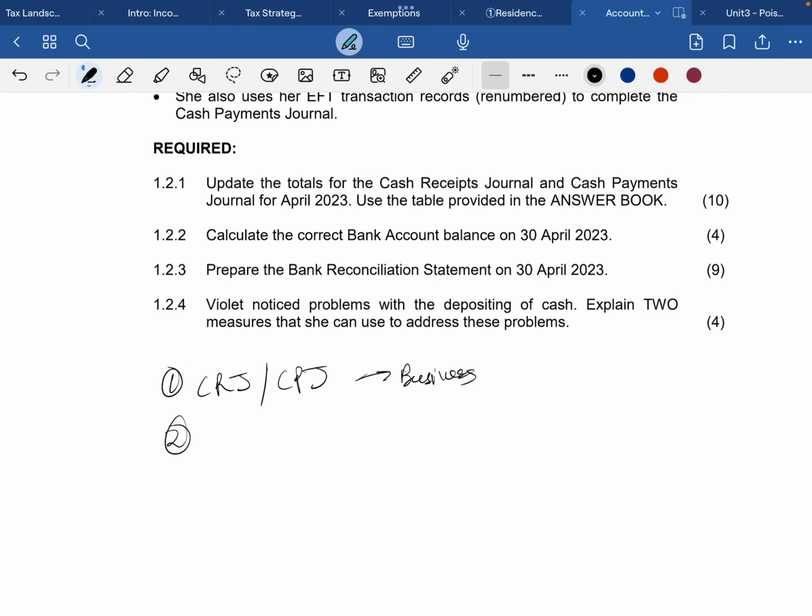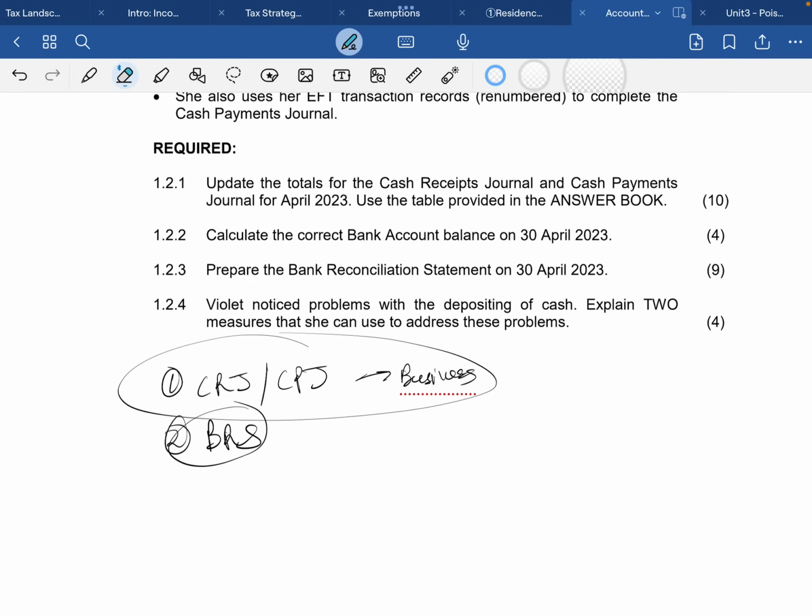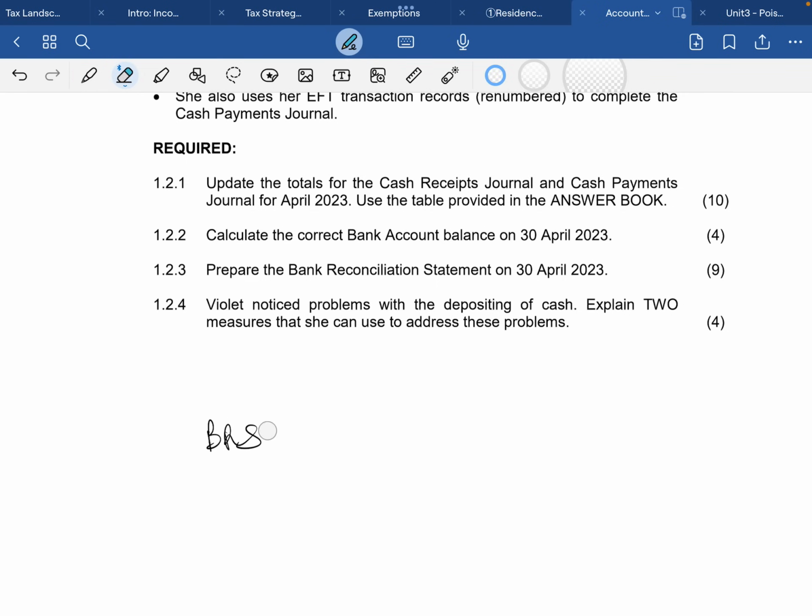Secondly, when the bank makes an error or they forget something or they duplicate something or any mistake, we fix on the bank reconciliation statement. I'm doing these simultaneously, depending on the information that I come across. So let's just get straight into the question so you can see and be able to apply what I'm talking about.